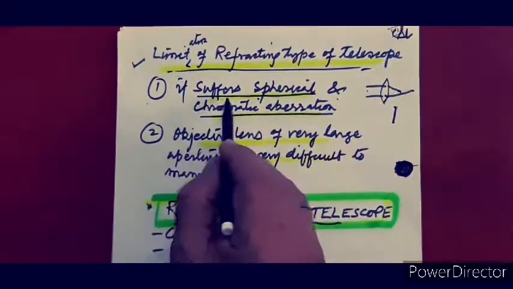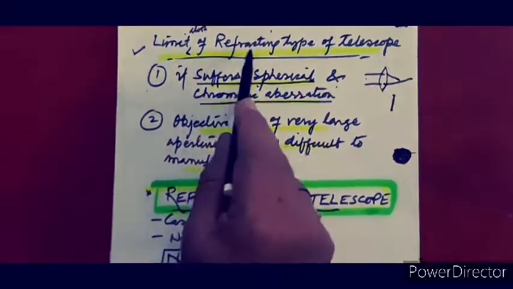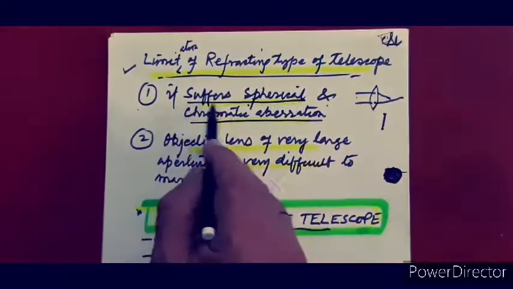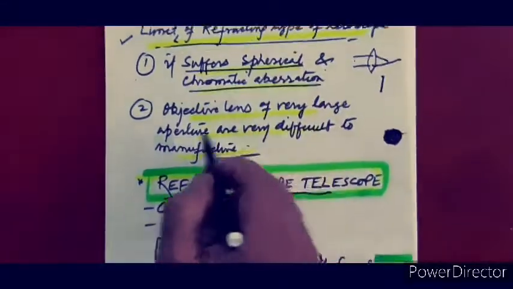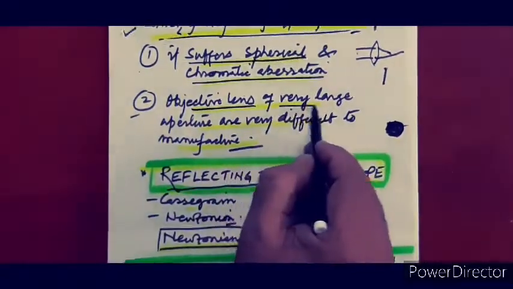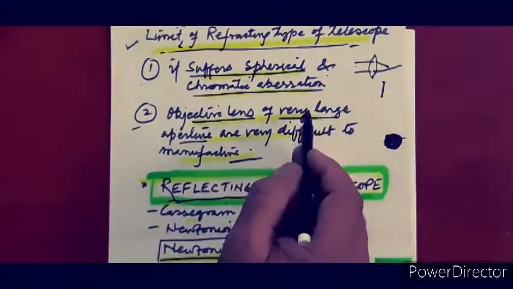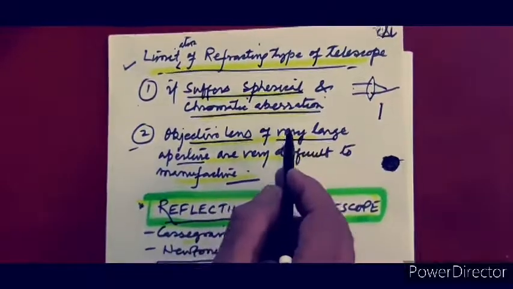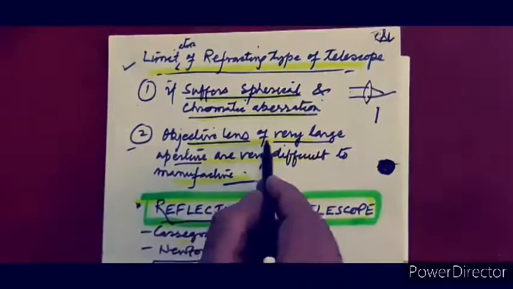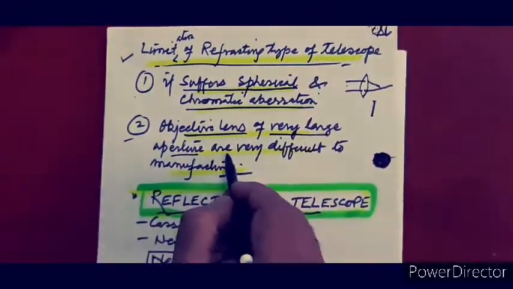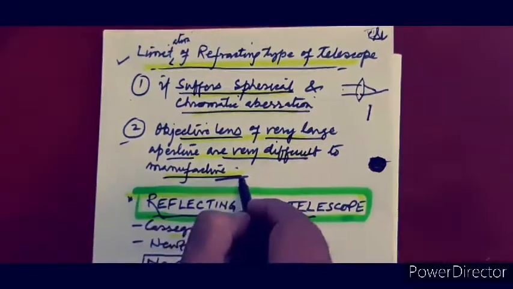So remember, in the limitations of the refracting type of telescope, it suffers spherical and chromatic aberration. Number two, objective lens of large aperture. We require a large aperture for good magnifying power, but objective lenses of very large aperture are very difficult to manufacture.